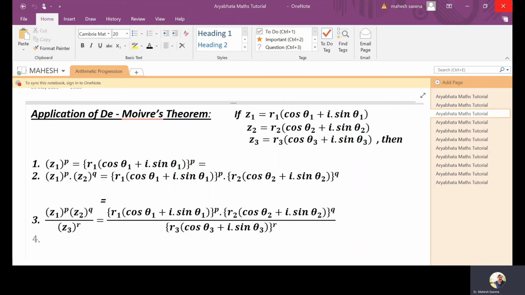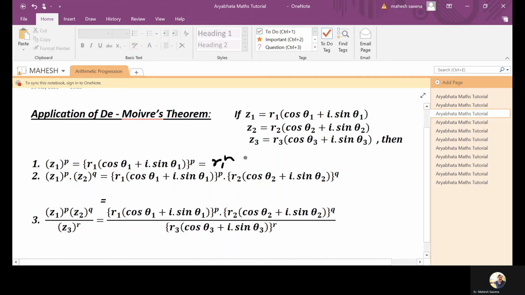Then z1 to the power n will equal r1 to the power n (cos n theta 1 plus i sin n theta 1).